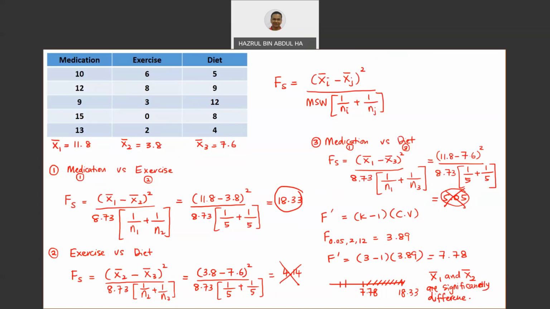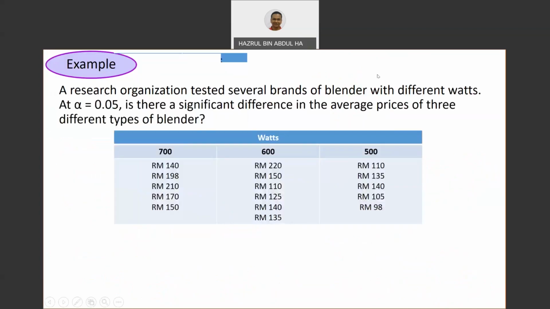This is the main reason why ANOVA rejects the H0, because there is a significant difference of means between medication and exercise. Okay, for the second example, a research organization tests several brands of blender at alpha 0.05.